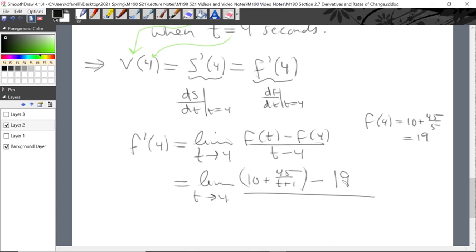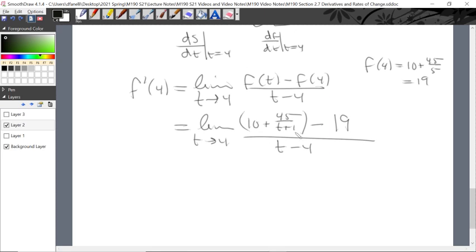Then the denominator is t minus 4. What's going to happen when we plug t equals 4 into this? This is going to be 19 minus 19 over 4 minus 4, so 0 over 0, an indeterminate form indicating a removable discontinuity.